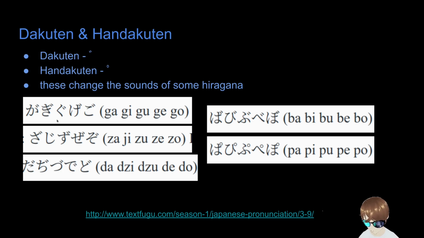You can turn the K ones into G. You can change the S ones into Z or J. You can turn the T ones into D sounds. And then H is special. You can either turn it into a B sound or a P sound.